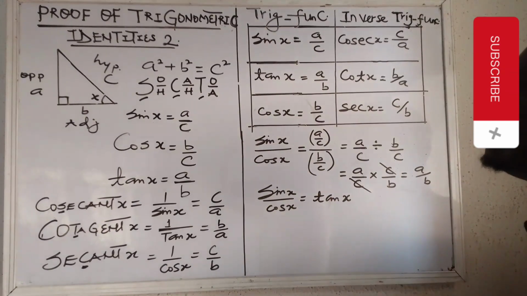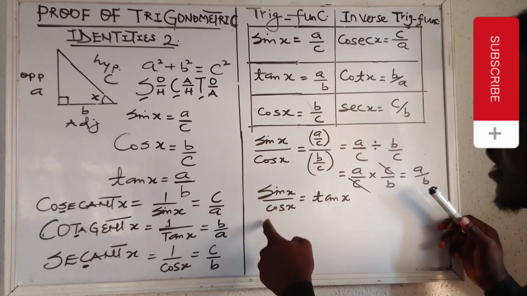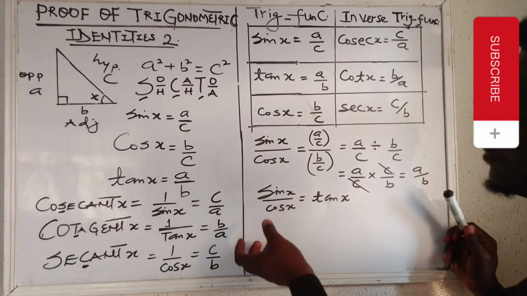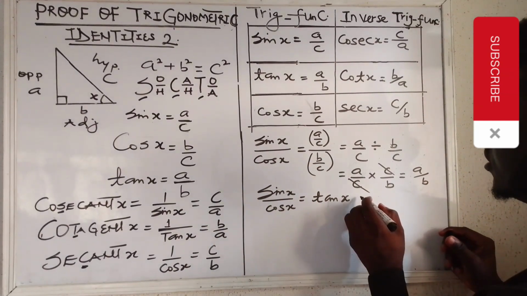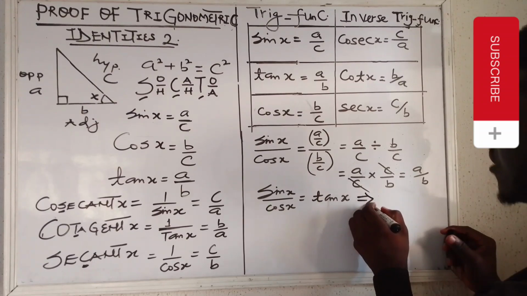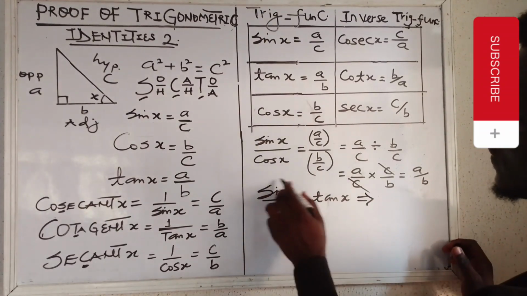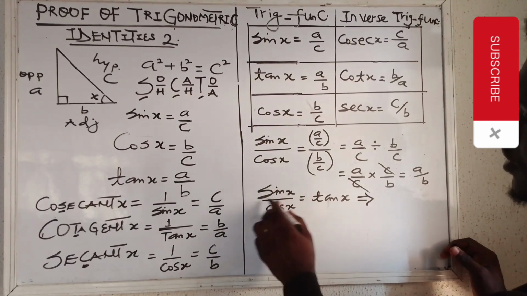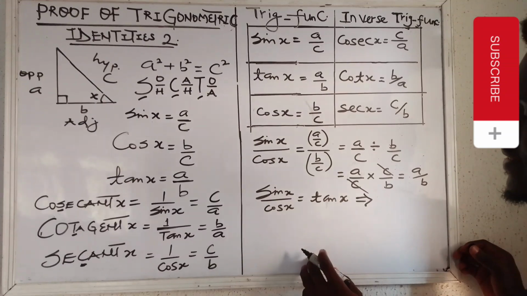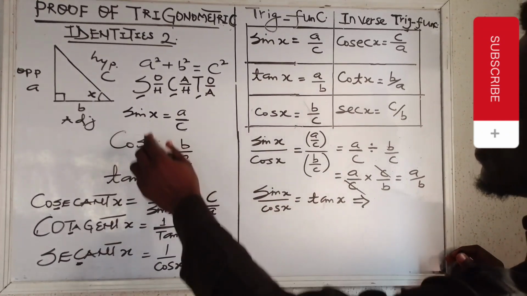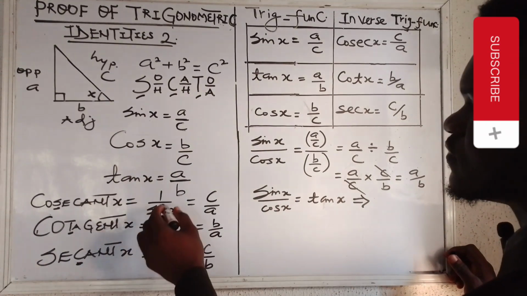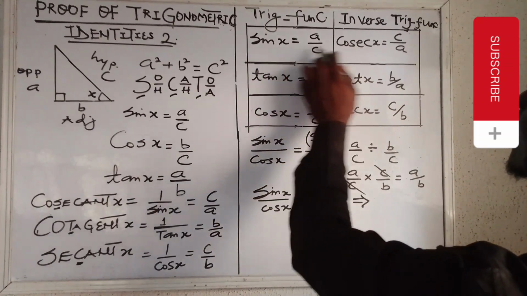Okay, now let's see. This was sine divided by cos, which is tangent. Now this thing also applies. It is still the same. Now what is the inverse of sine x? The inverse of sine x is cosec.